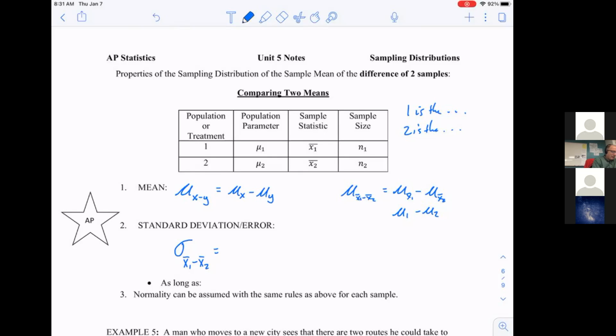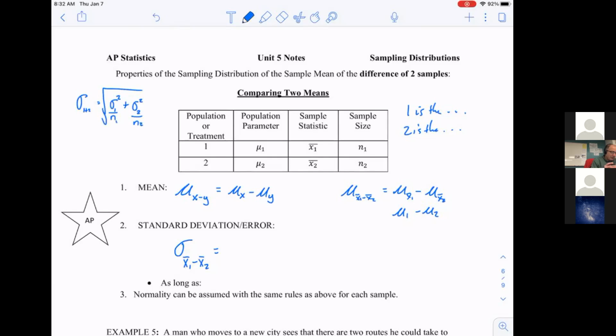Remember that if I'm talking about the standard deviation of 1 and 2, I'm going to have to take the standard deviation of group 1 and square it, add to that the standard deviation of group 2 squared, and then take the square root. Now, the problem is I'm dealing with samples, so adjusting for samples, I have to divide by n and divide by n.